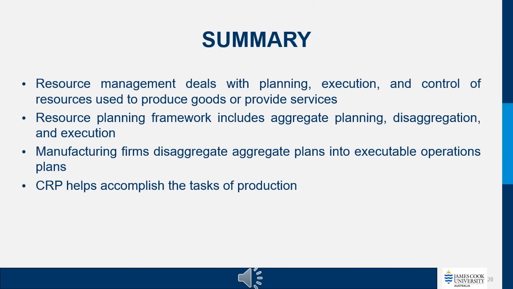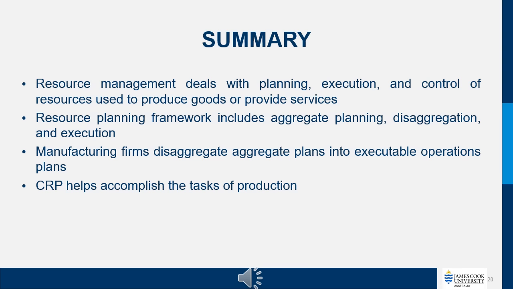In conclusion, resource management plays a critical role in optimizing the utilization of resources within an organization to produce goods or provide services efficiently. The resource planning framework, consisting of aggregate planning, disaggregation, and execution, provides a structured approach to align the overall plan with individual operational requirements.